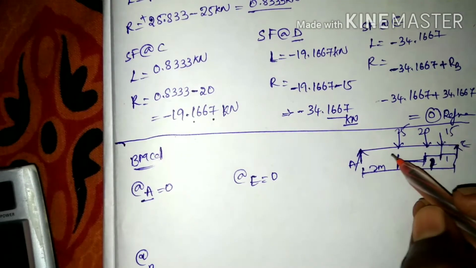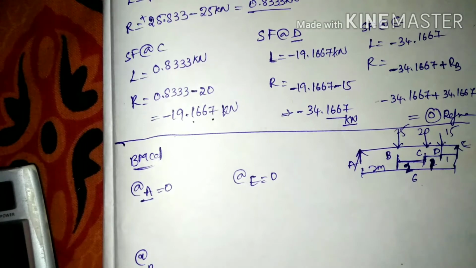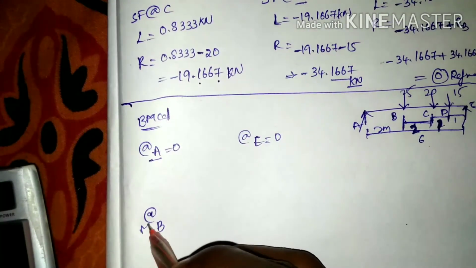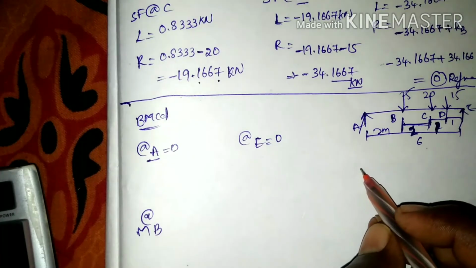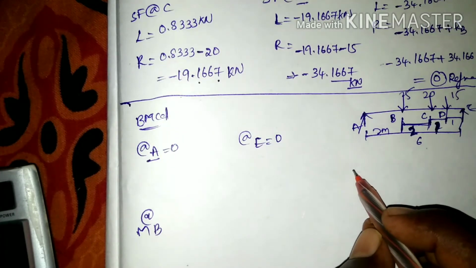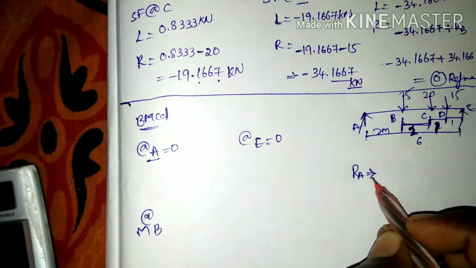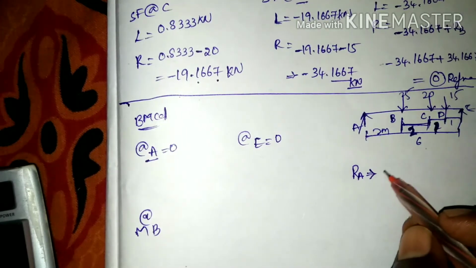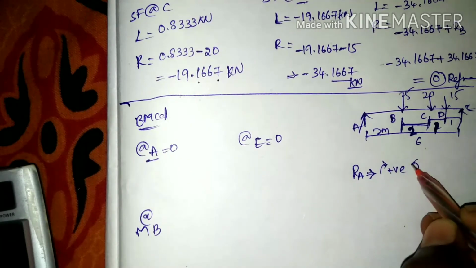So we are going to find only the moments about B, C and D. Here for the moment about B, there is a sign convention. If I am going to take the moments from RA, clockwise as positive, anti-clockwise as negative.